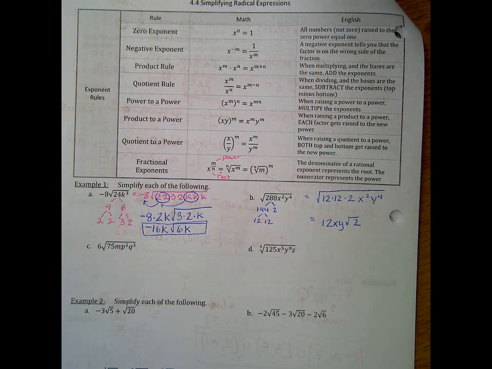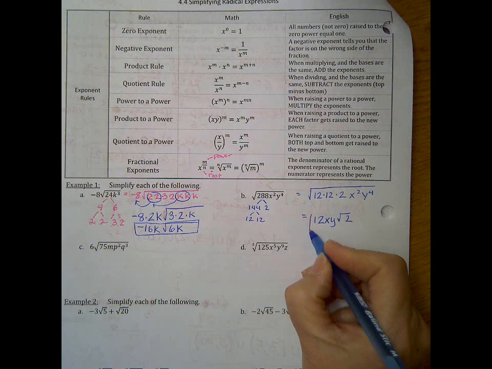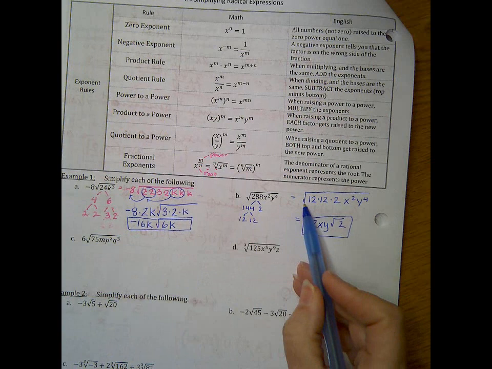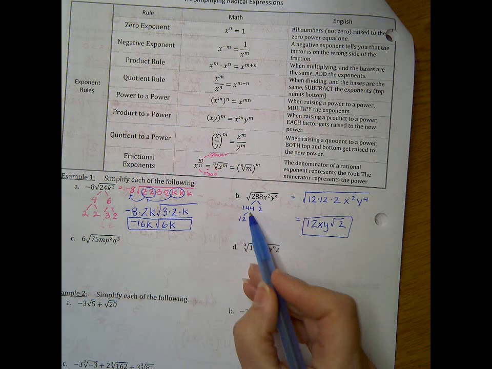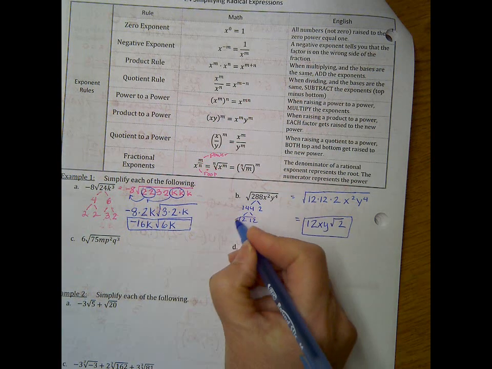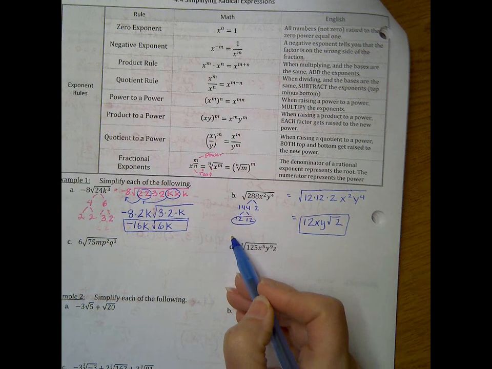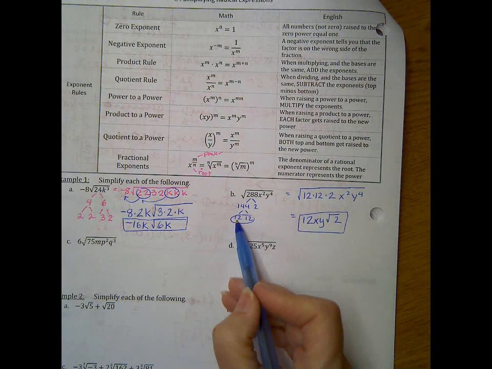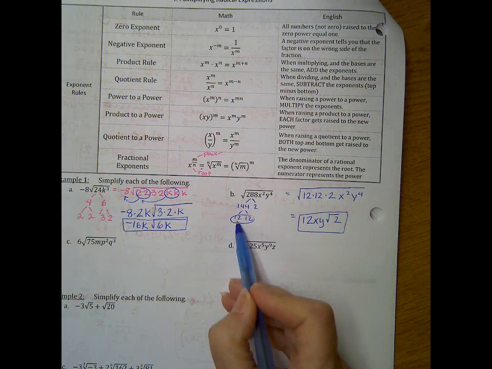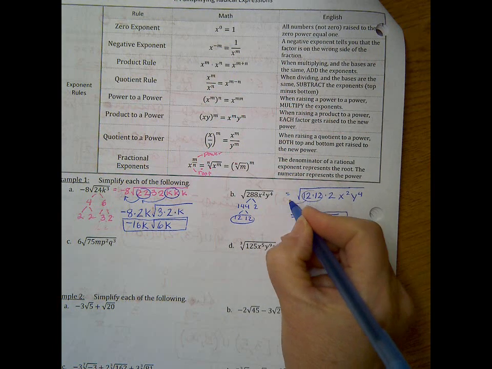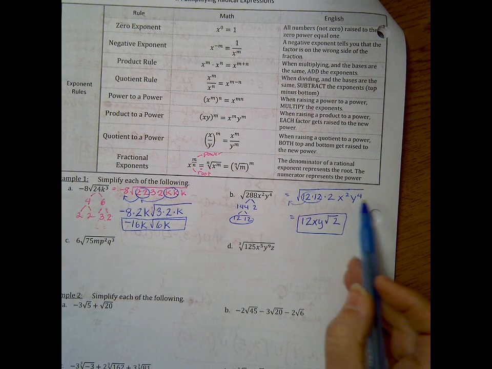Okay, so now to check this one, the answer was 12xy root 2. Here, when I multiplied it down, notice I got 144 times 2, and as soon as I got a pair, 12 times 12, of course I could have taken this further down to 4 times 3 and 4 times 3, but as soon as you get a pair of things, you know 144 is a perfect square, so we can go ahead and know that we're going to pull out the 12, and the 2 will stay in.